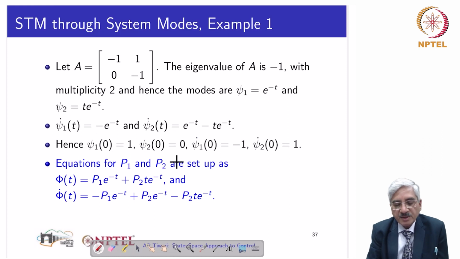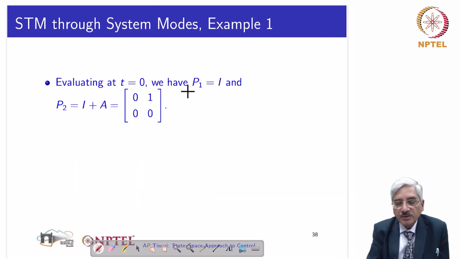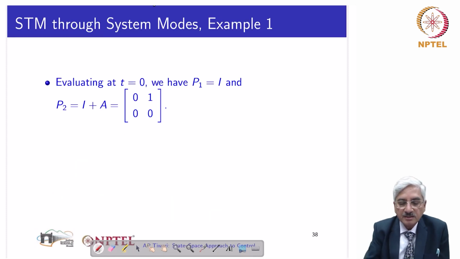So we get the expression P1 psi 1 plus P2 psi 2 equal to phi, this. And phi dot will be P1 psi 1 dot plus P2 psi 2 dot. So we get phi dot equal to, substituting that psi 1 dot and psi 2 dot, this. This we have to evaluate at t equal to 0. The first one gives phi 0 equal to P1 into 1 plus P2 into 0, so P1 will be phi 0, which is the identity matrix.